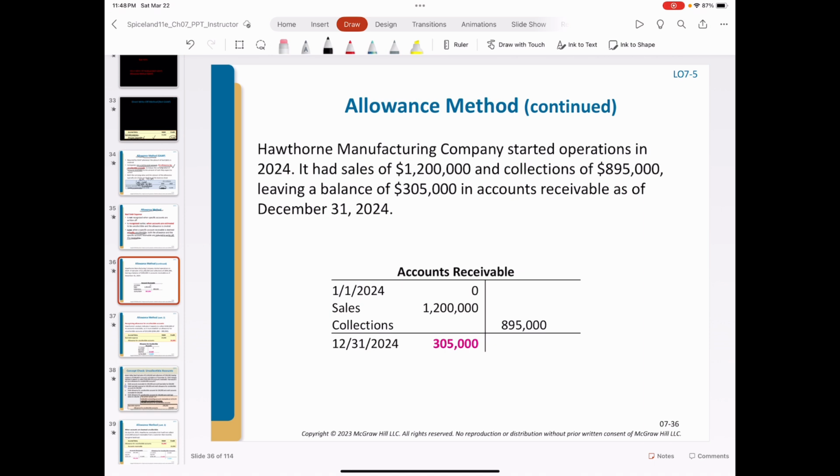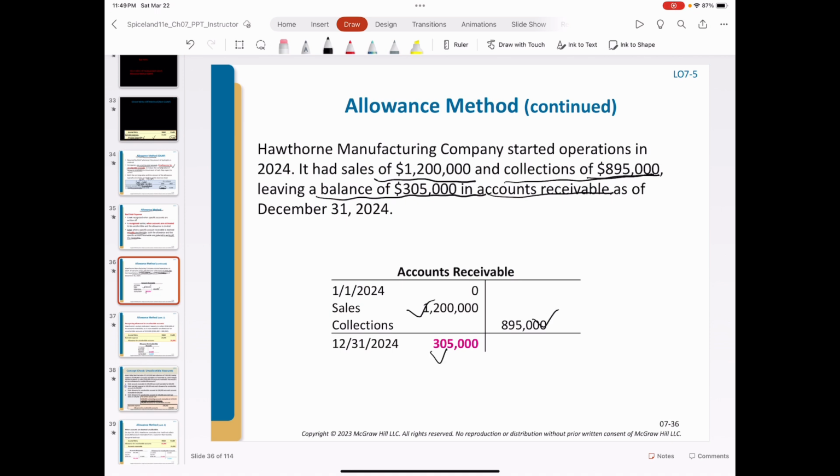Here the company has sales of 1.2 million, and collection was 895, so the difference will be the amount of credit sales, accounts receivable. Originally, credit sales was 1.2 million, and 895,000 was collected.